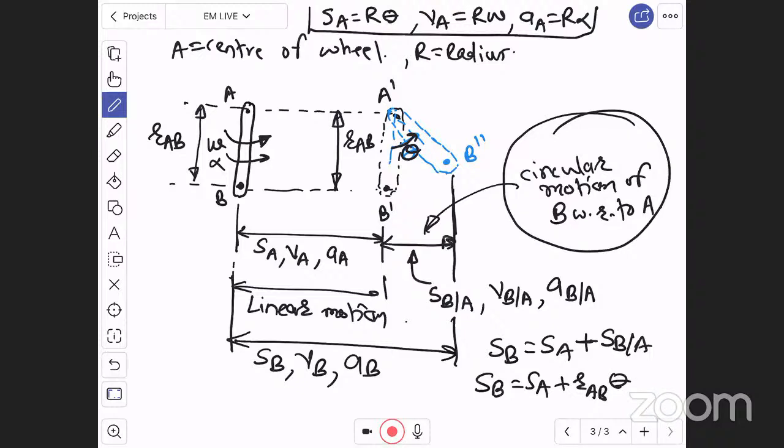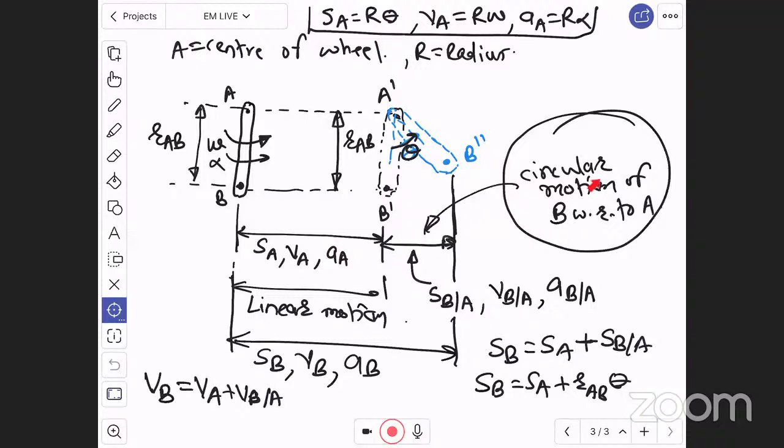Again, if I want to find velocity of B point, velocity of A will remain as it is, plus velocity of B with respect to A will get added. Therefore, it is velocity of A plus velocity of B with respect to A. Here velocity of B with respect to A is under circular motion.